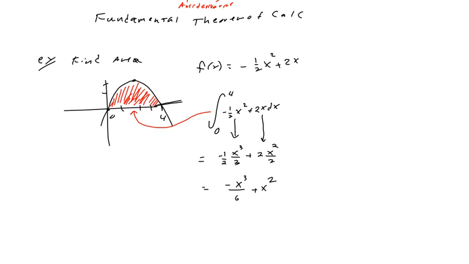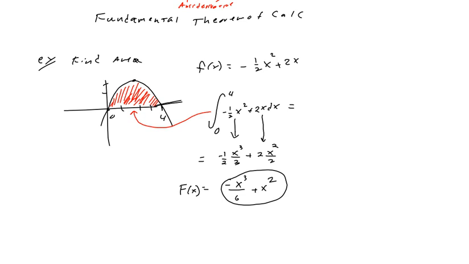So what we're going to do is, okay, well, this integral, I found the equation here. This big equation here is capital F of x, my antiderivative. This equation is the antiderivative of what's inside here.